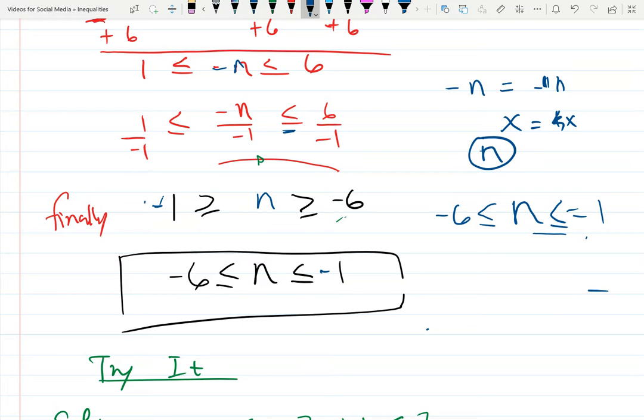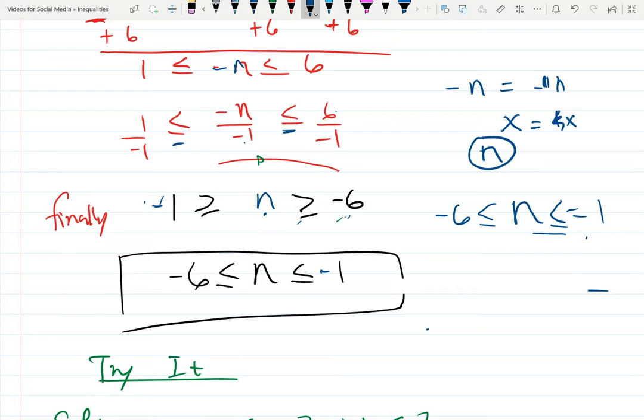The same thing over here: 1 divided by negative 1 is negative 1, and we reverse the sign.